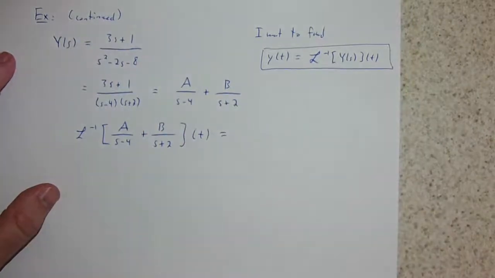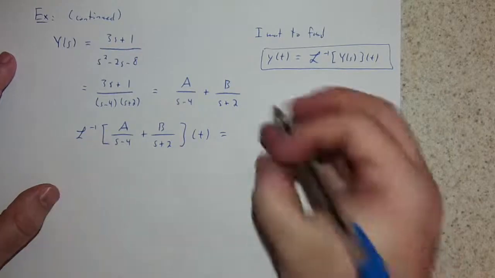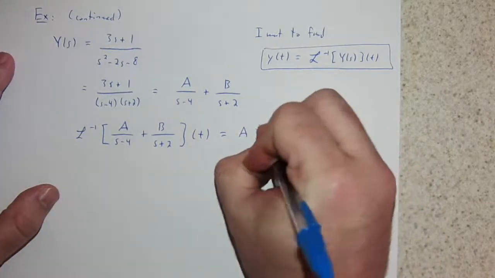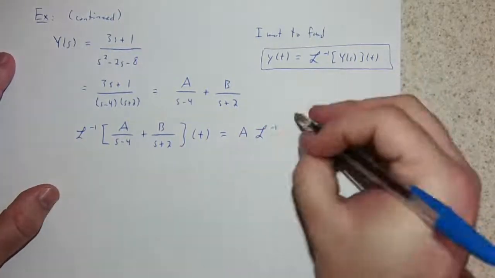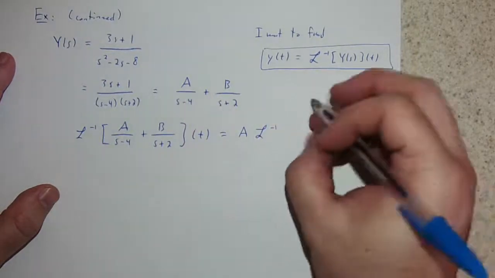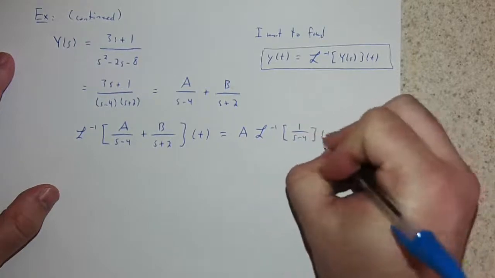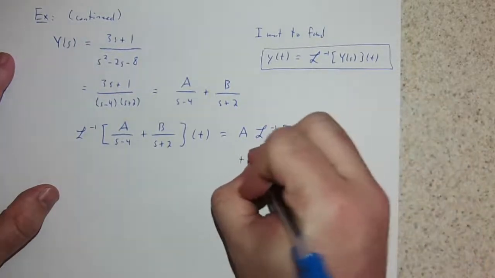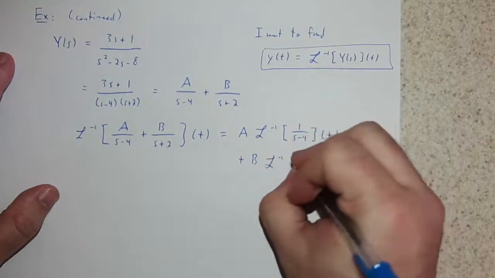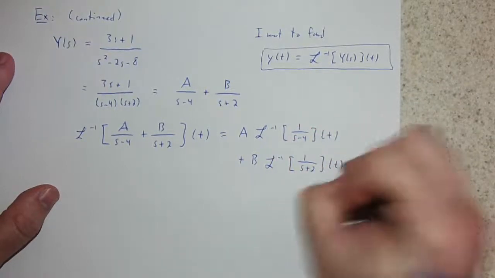Inverse Laplace transform is linear, so this would be A times the inverse Laplace transform of 1 over s minus 4 of t plus B times the inverse Laplace transform of 1 over s plus 2 of t, where A and B are constants.